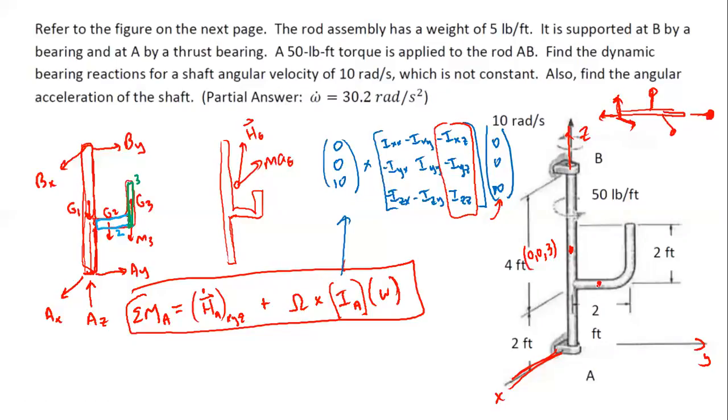Then this point right here for basically my bar 2 would be 0 in the X, and then what is it in the Y? 1. It's going to be 1, and then in the Z, 2. Okay, does everybody see what I'm doing there?